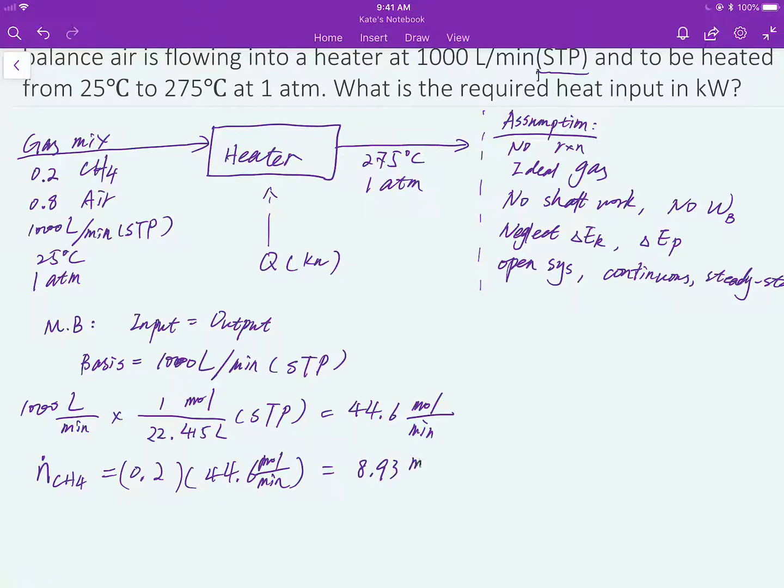I can convert it all the way in the end when I run the calculation for energy. Molar flow rate for the air is 80% of the total. Then that is 0.8 times the total molar flow rate. That's 44.6 again. Then I have 35.69, and then round this to 35.7 mole per minute.